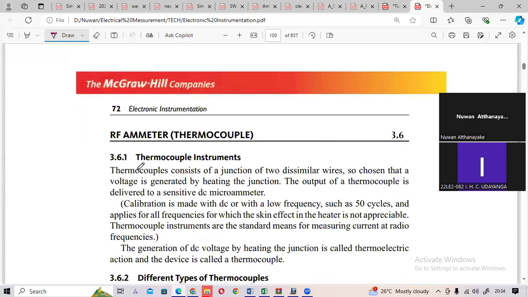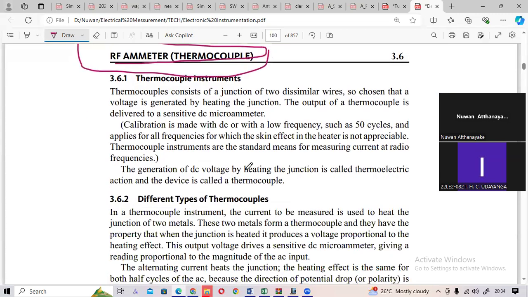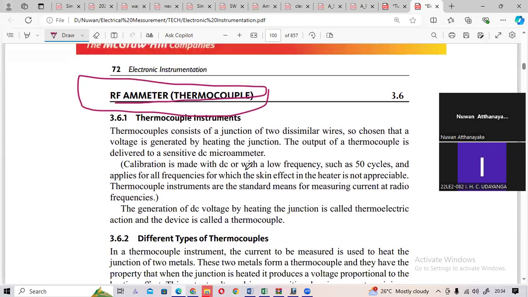Now, I think there are some other ammeter types also. If we have time, we will discuss them later. This thermocouple-based ammeter we use for high frequency current measurement, maybe in the microwave range or RF range.